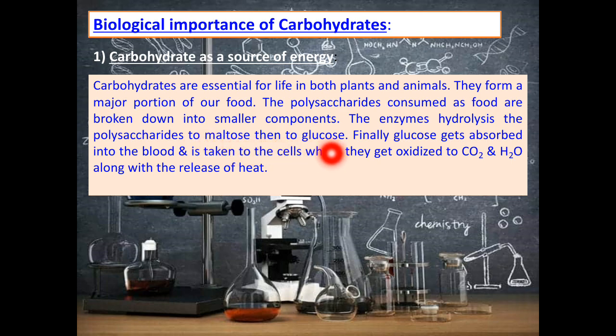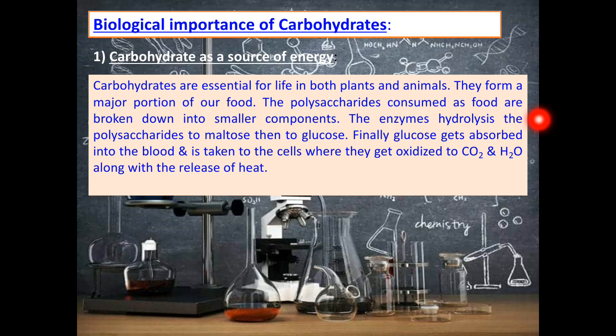This is digestion. Finally, the glucose after digestion gets absorbed into the blood, and that glucose through the blood is taken to cells of all organs, where they get oxidized to carbon dioxide and water along with the release of heat. This paragraph explains how carbohydrate acts as a source of energy.